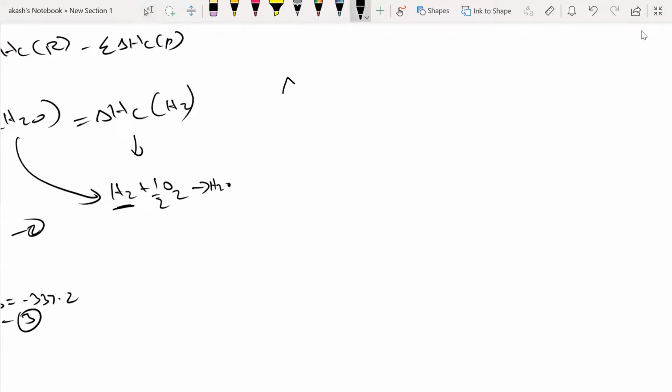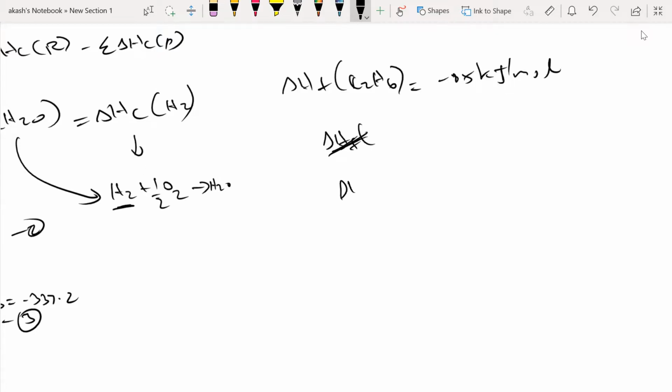So they have given the enthalpy of formation of C2H6 as minus 85 kilojoules per mole. And the enthalpy of sublimation of carbon graphite is given as plus 717 kilojoules per mole.